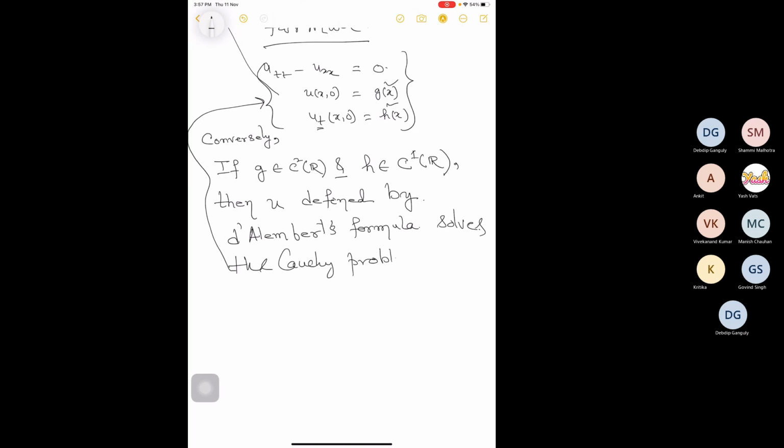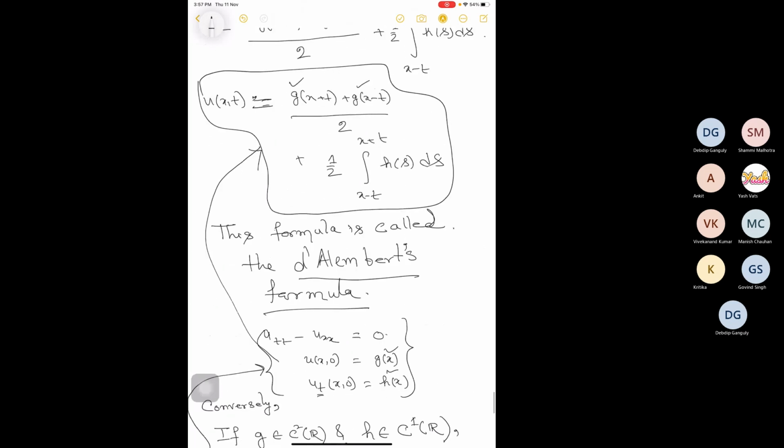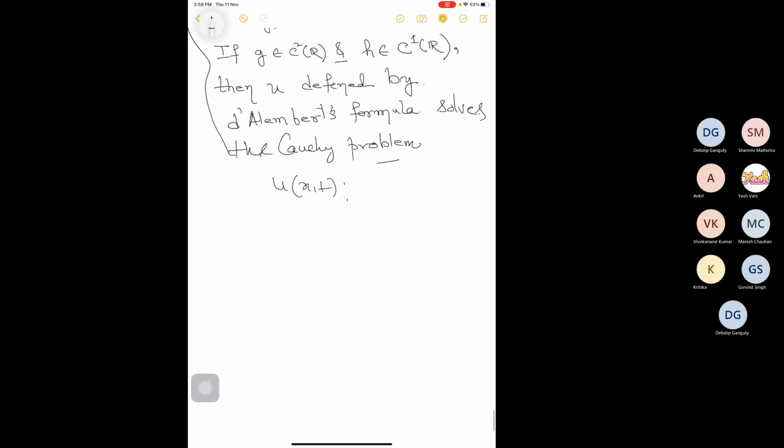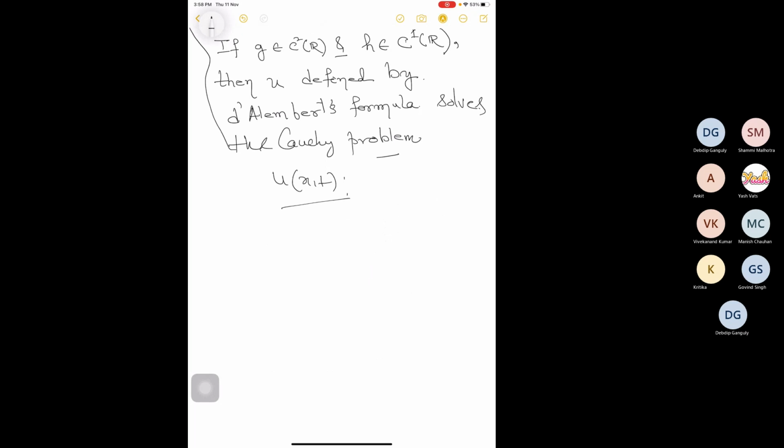You are clear, right? You just define u of x,t by this. If u is a solution, then u is of this form. Now the converse part: suppose g and h are given, you write down this. Then if you differentiate this u, it will satisfy all the conditions of the Cauchy problem.